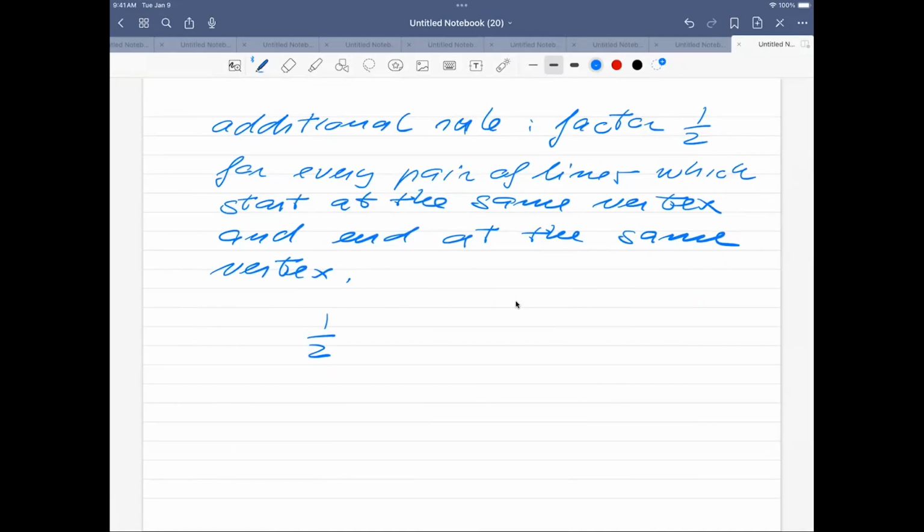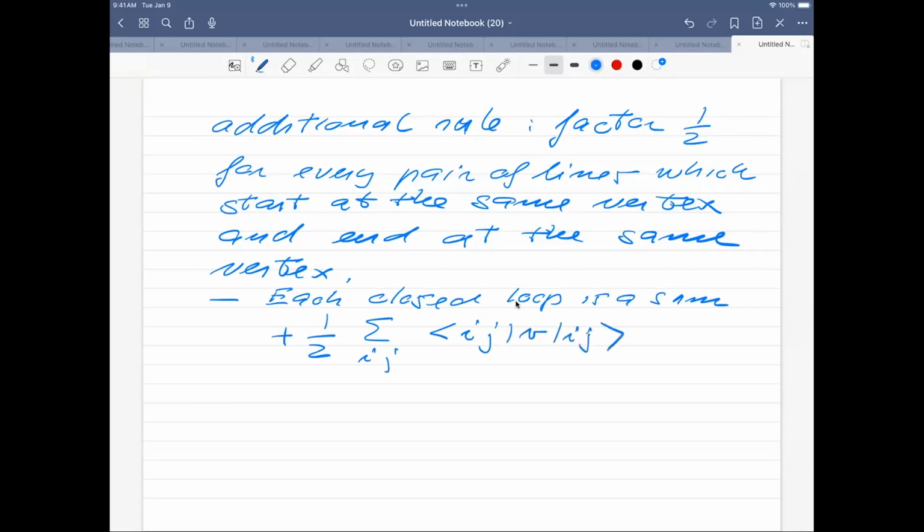And then since each closed loop represents a sum over these specific states, what we get when we write down the analytical expression is, for the first term, a plus here. So this gets a plus, and then I have ij here.